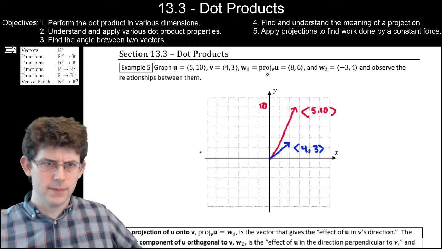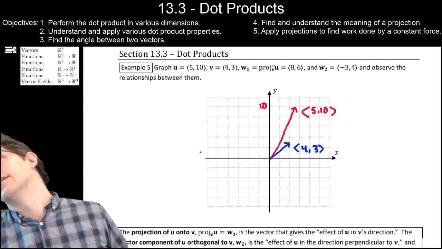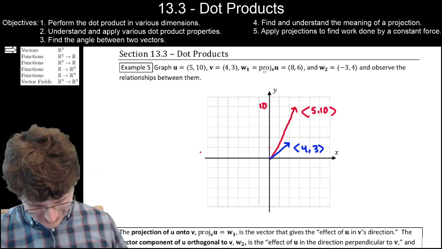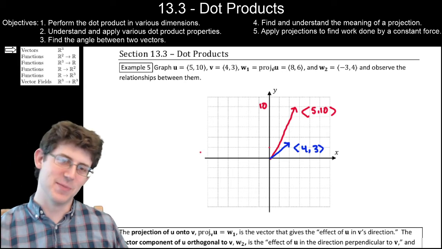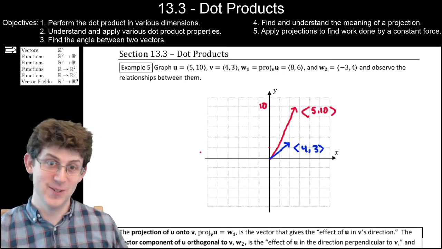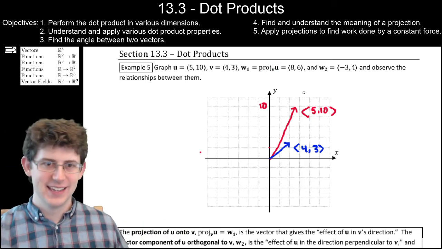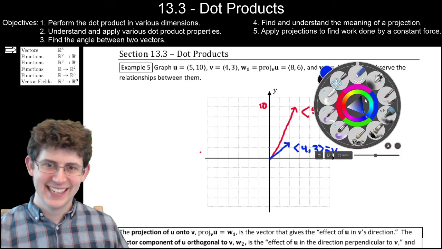So the projection of v onto u. Oh my gosh, I read it wrong. Okay, maybe beating myself up is unproductive here. But this is the projection of u onto v. I just spent like 5 minutes explaining why it's that. Well, so this is v.